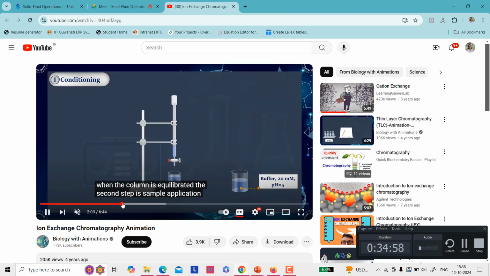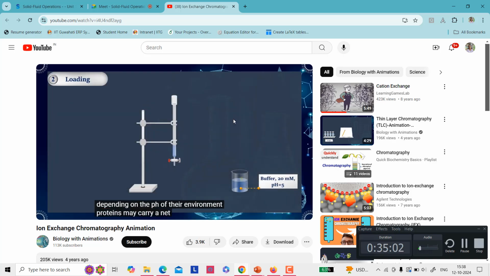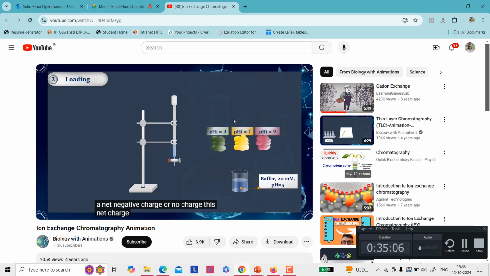So the second step is the loading, right? This net charge can be determined by comparing the pI of each protein with the pH of the buffer solution. Okay, buffer, protein.